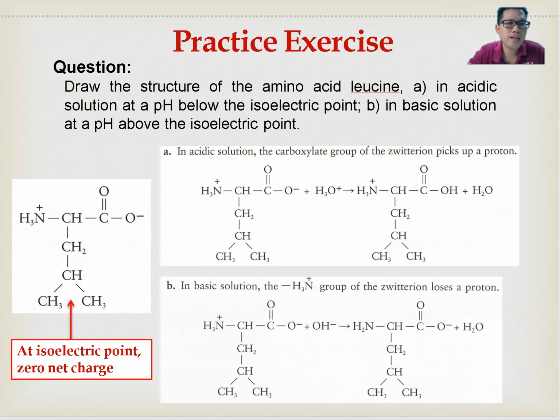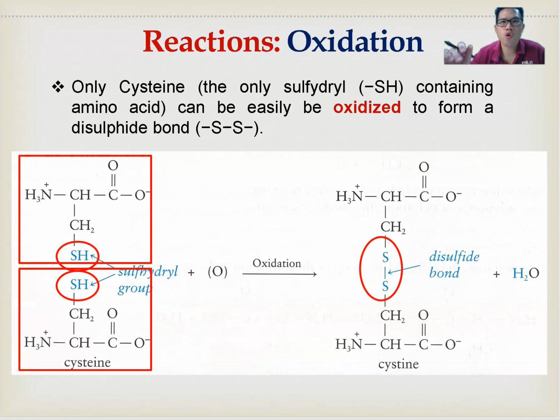Let's select some of the amino acids that are special cases and discuss further. We have cysteine. Cysteine is very special because of the SH group in its R group, which we call a sulfhydryl group.